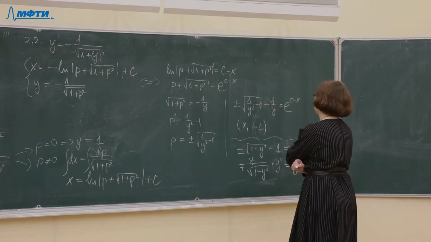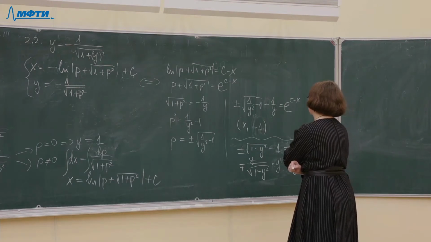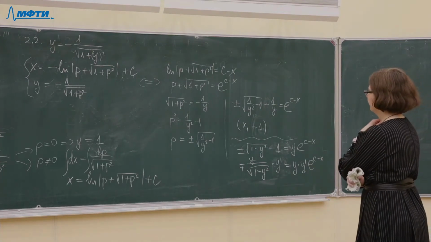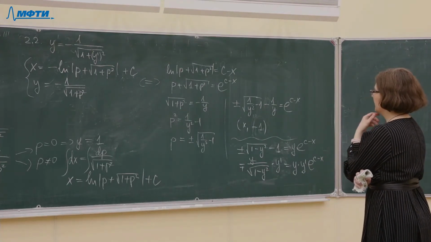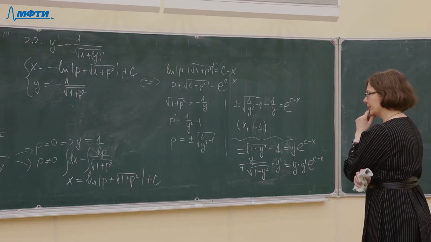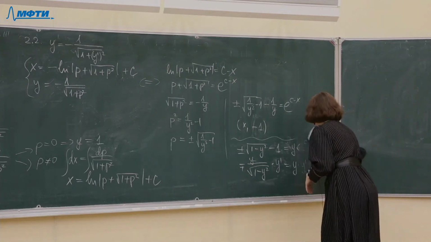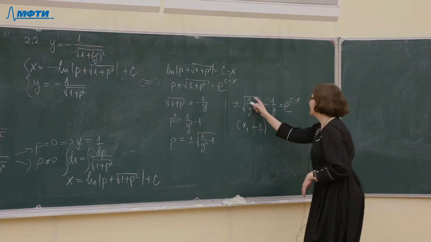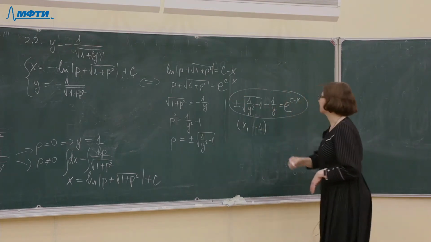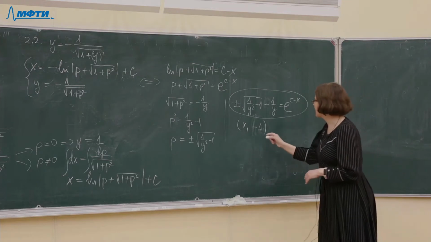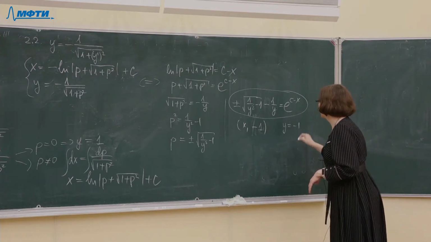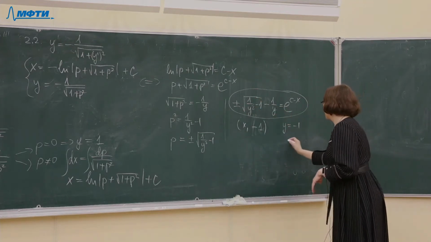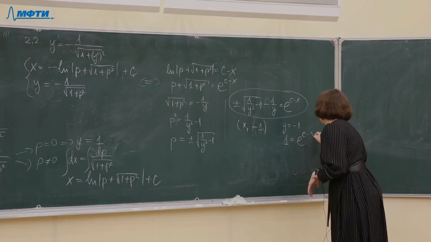Just a moment, I will see. Okay, I think it's not correct. So any differential equation of this form passes through the point. So if y equals -1, then this is 0, and this is 1. So 1 equals e to the power c minus x.